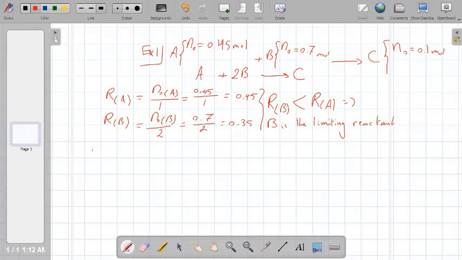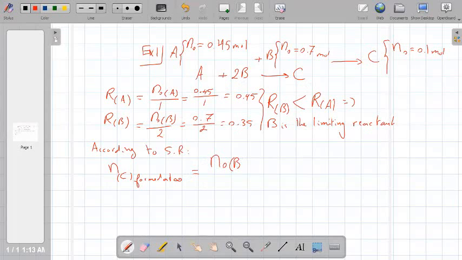Now, according to the stoichiometry of the reaction, or stoichiometric ratio, the number of moles of C formed at infinity, at the end of the reaction, over stoichiometry 1 equals N0 of limiting reactant B over stoichiometry 2, equals 0.7 over 2, equals 0.35.